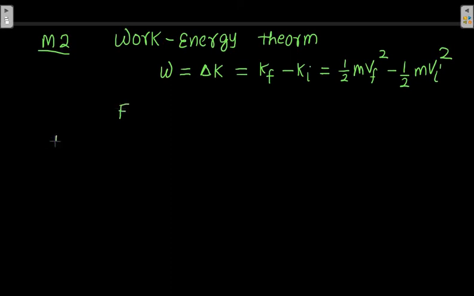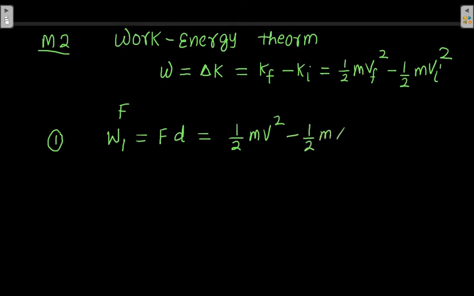In the first case, work done by this force in moving the car through a distance d, W1, will be written as F into d, which will be equal to half m v square minus half m 0 square, since velocity of the car becomes v after covering a distance d in the direction of force.